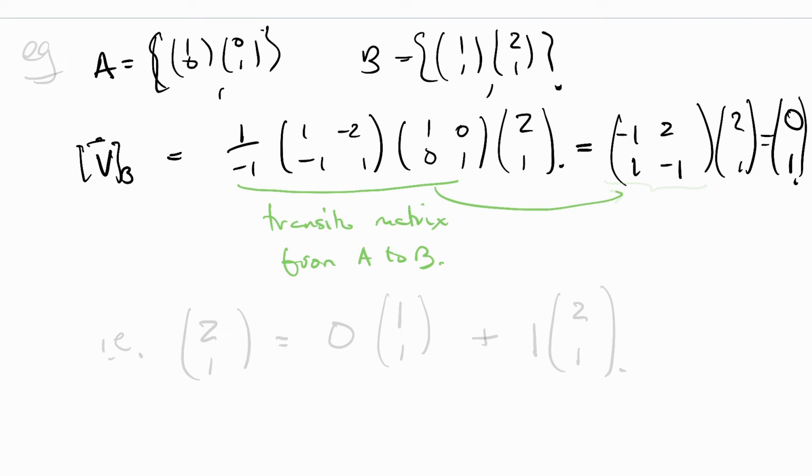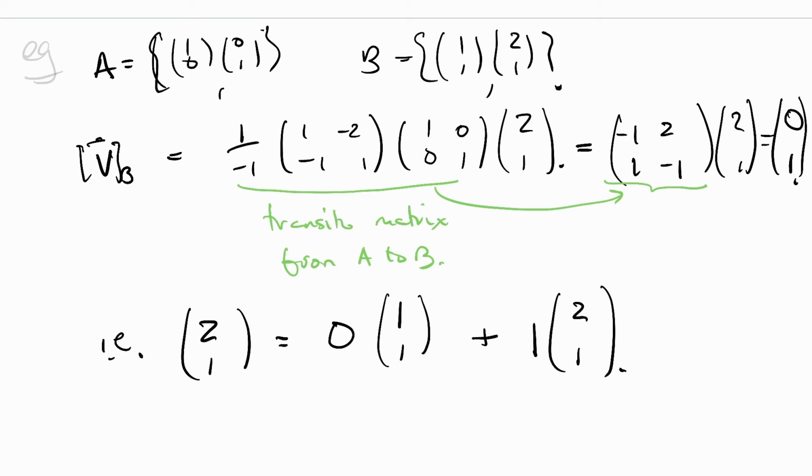This guy right here is also the transition matrix. What this means is the vector 2, 1 should be 0 times 1, 1 plus 1 times 2, 1. There's your example.